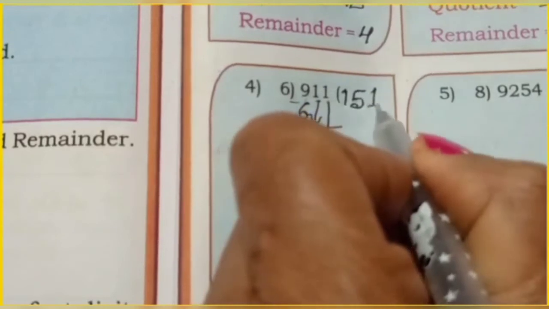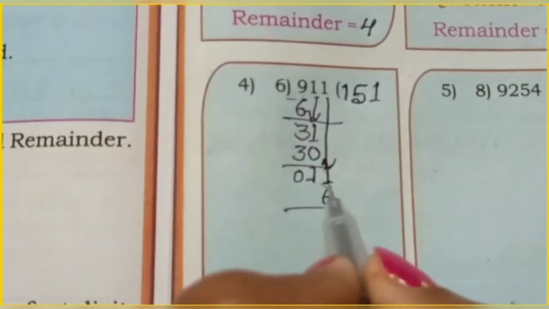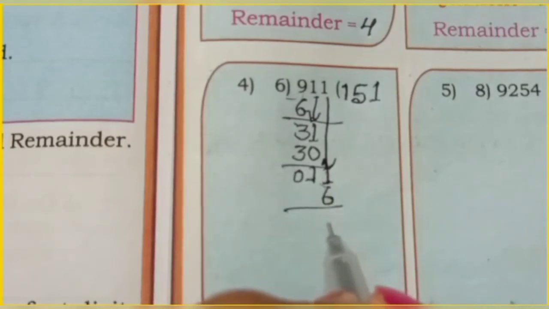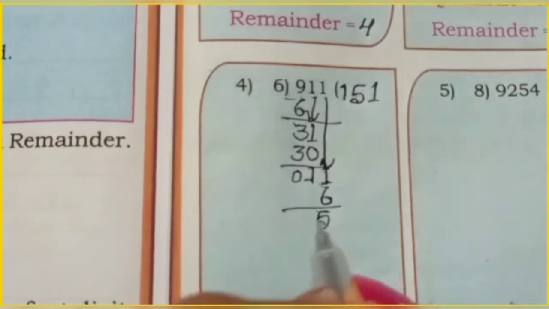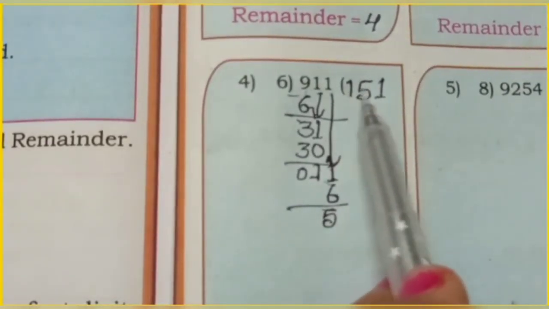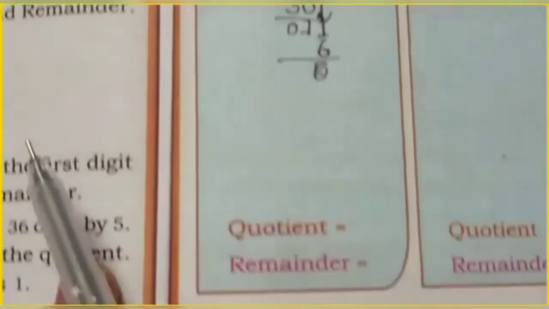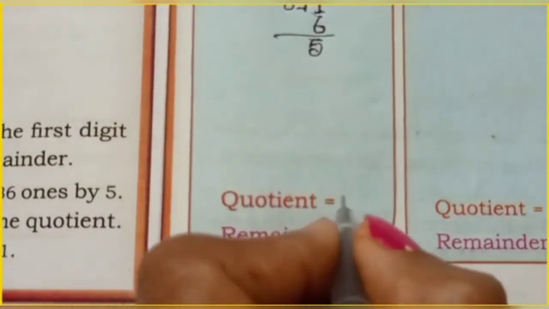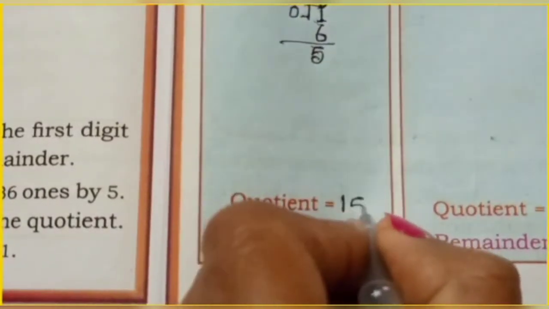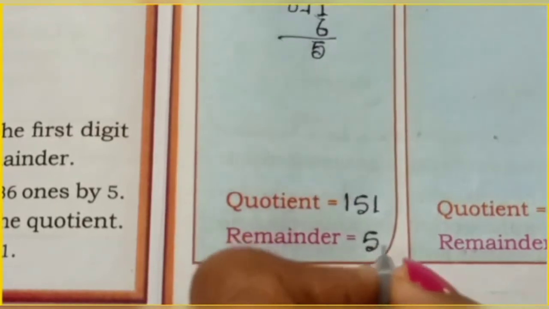So 6 ones are 6. Now subtract it. 11 minus 6 is 5. So here the quotient is 151 and the remainder is 5.